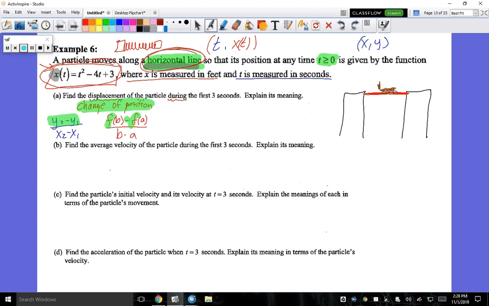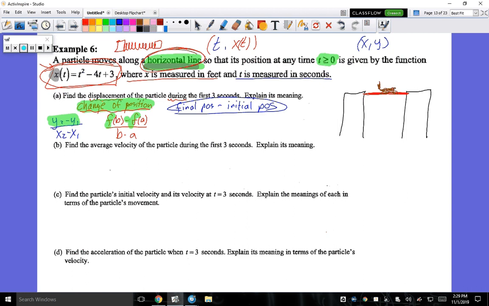And last but not least, with displacement, what I want you to finally put down in your notes is that it's the final position minus the initial position. So change in position, otherwise final position minus the initial position.